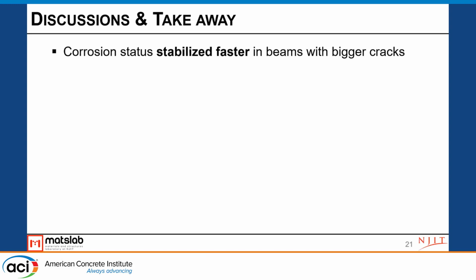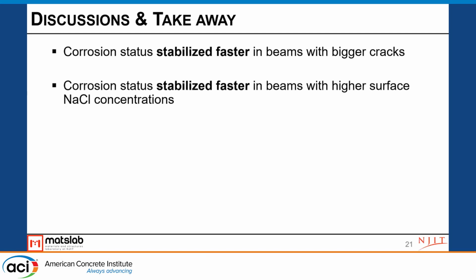Corrosion started to stabilize at some point, and it stabilized faster when we have a bigger crack width, and also when we have higher surface chloride concentrations. But the key factor here is the initial cracking itself, not the crack width.